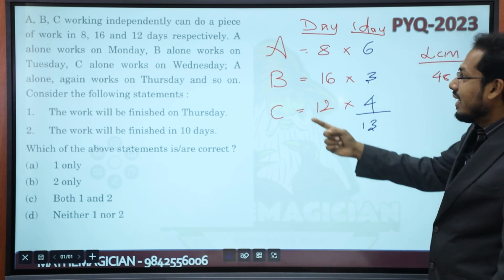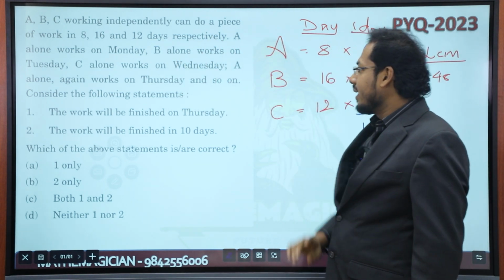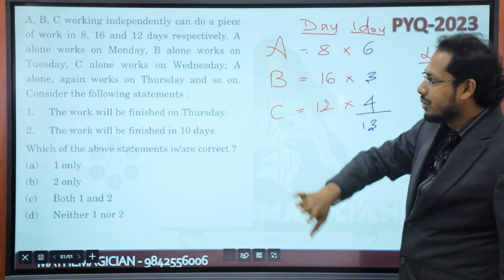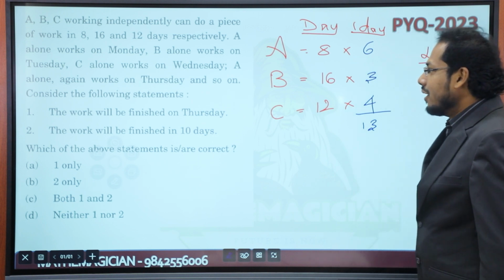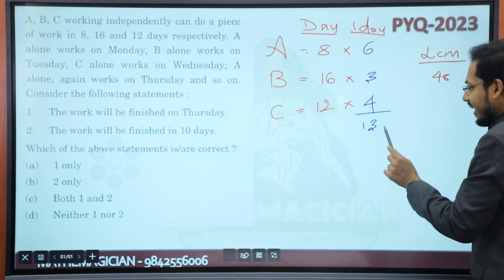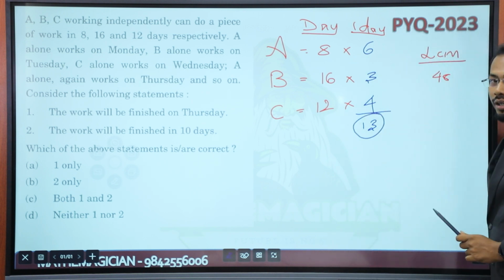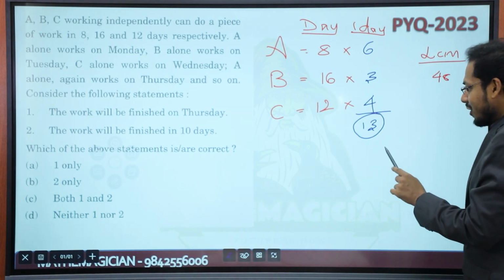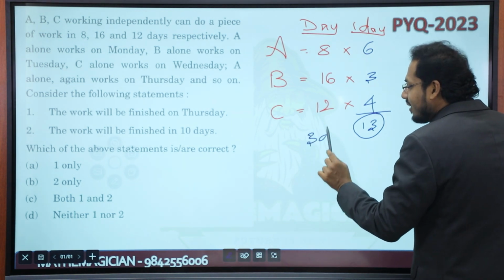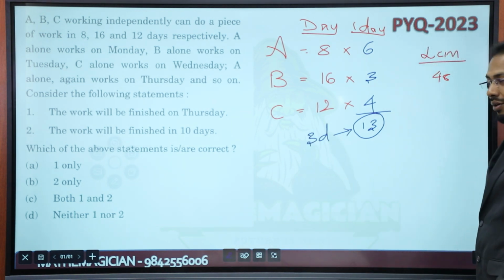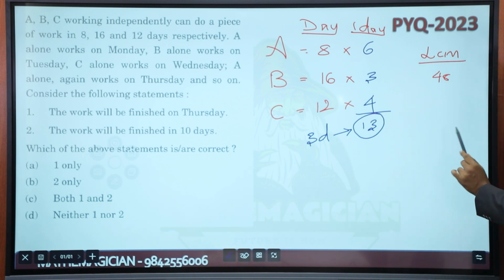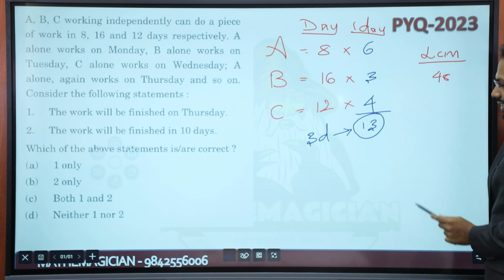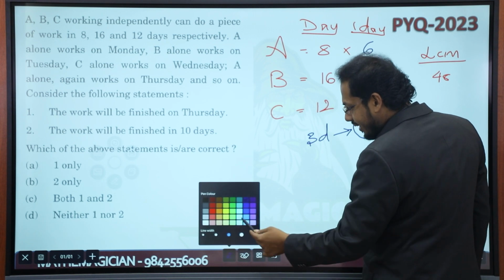They say that A alone works on Monday, B alone works on Tuesday, C alone works on Wednesday. So in 3 days they can complete 13 chocolates, not in 1 day. This 13 chocolates was completed in 3 days. Out of this 48, first 3 days, right?